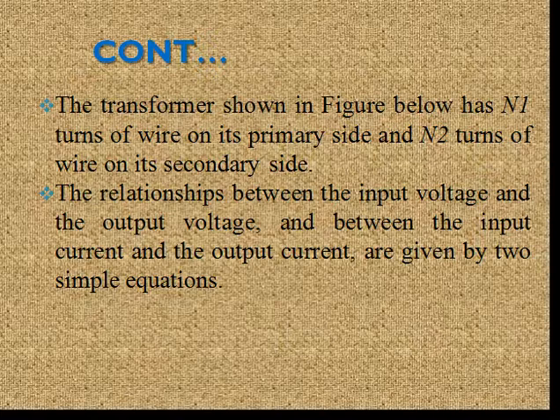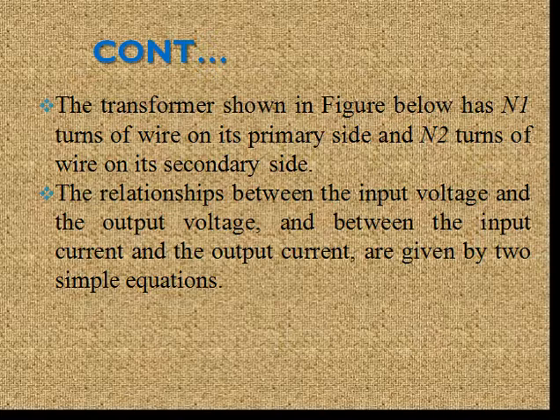V1 stands for the voltage in the primary and V2 stands for the voltage in the secondary. I1 stands for the current flowing in the primary winding and I2 stands for the current flowing in the secondary winding.